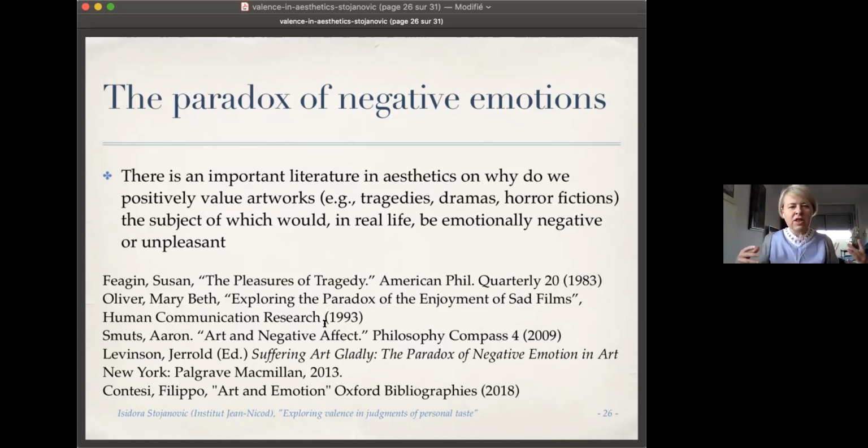Now, I'm not really talking about the paradox because it is something that is going to supplement the work that we do from the more linguistic side.